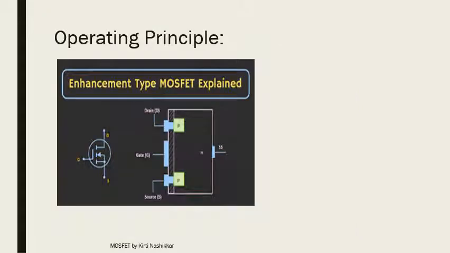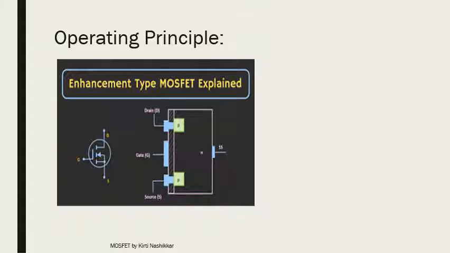Now let us see the operating principle. In the last lecture I told you that the MOSFET works in three conditions: when VGS is equal to 0, when VGS is negative, it works in the depletion mode, and when VGS is positive, it works in the enhancement mode. If you are not familiar with the depletion mode, you can visit my video explaining the depletion mode of MOSFET.